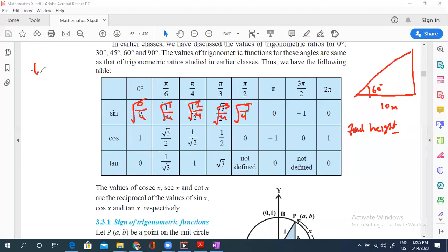Tan is actually your sine by cos. Divide the value of sine with cos, right? You will get the value of tan theta. Okay, got it? So you need not remember each table, just remember the table of sine. Okay, got it?